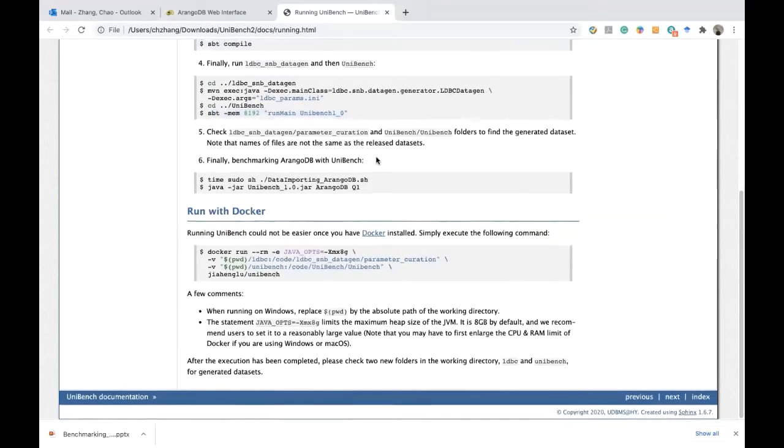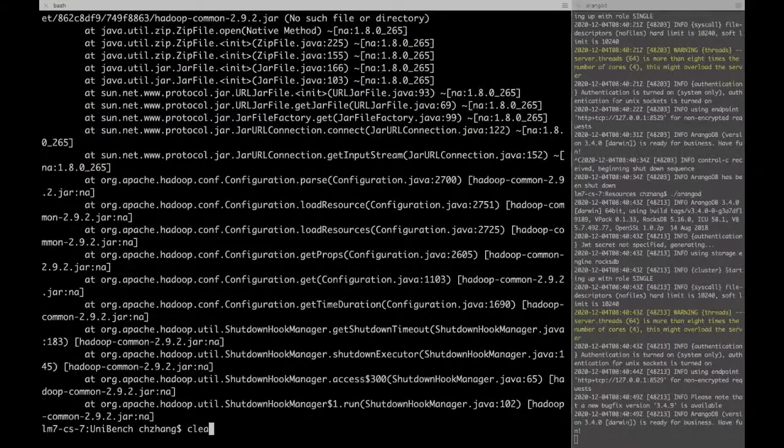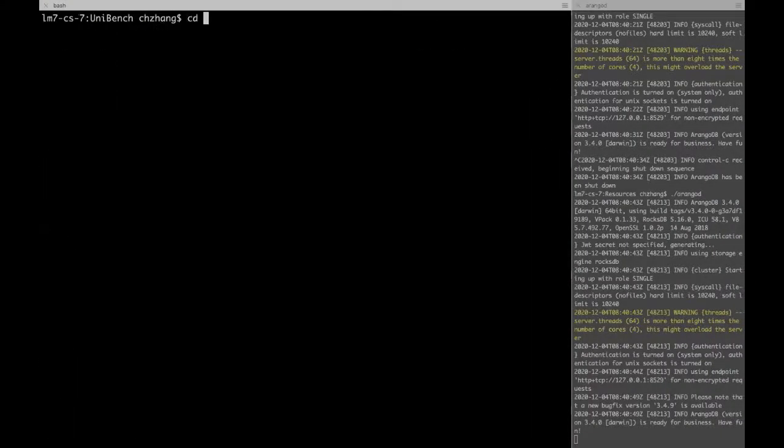And the next step is to benchmark ArangoDB with UniBench. First of all, we import the generated dataset to ArangoDB. We use our data importing script for ArangoDB.